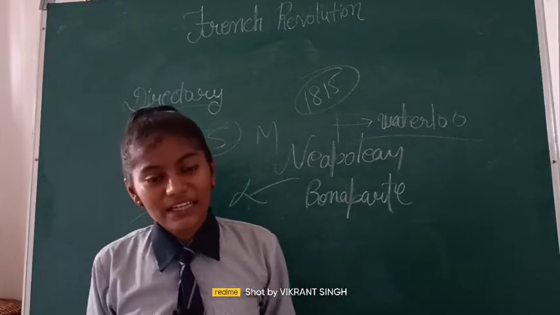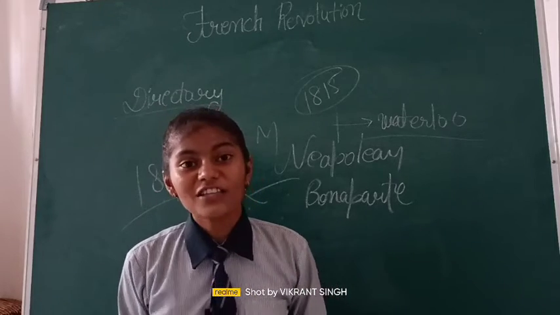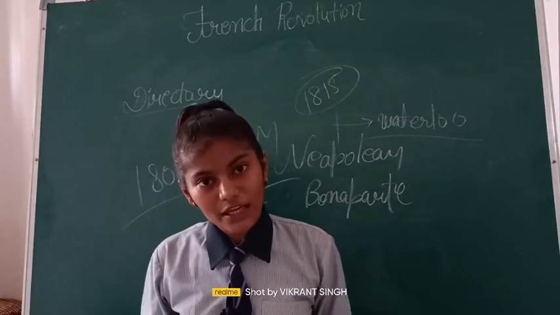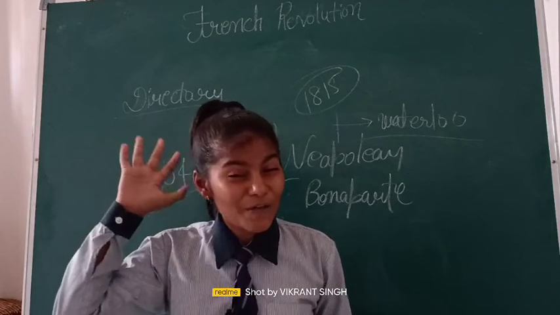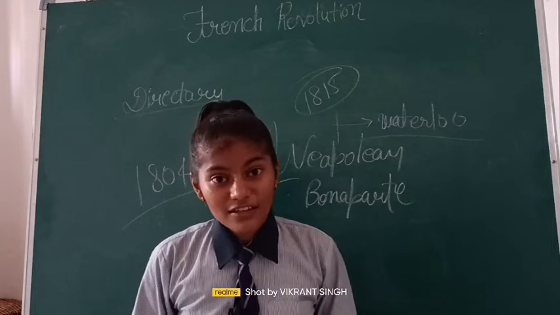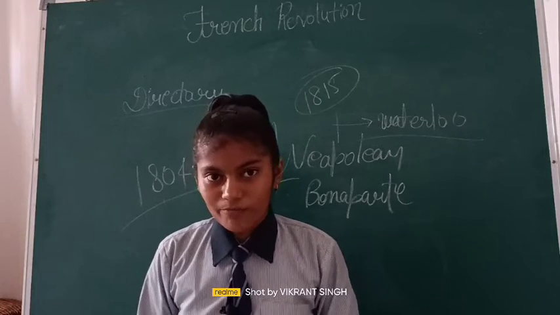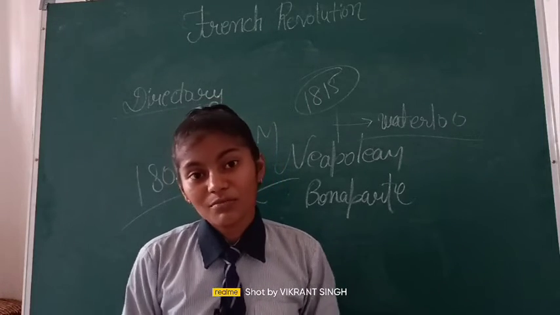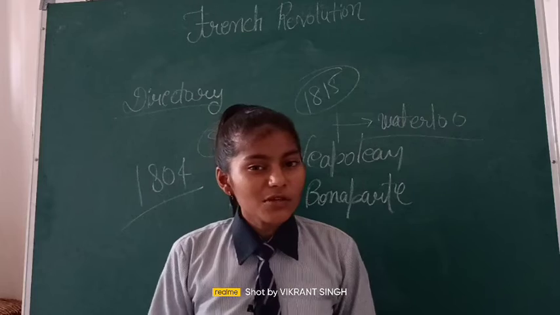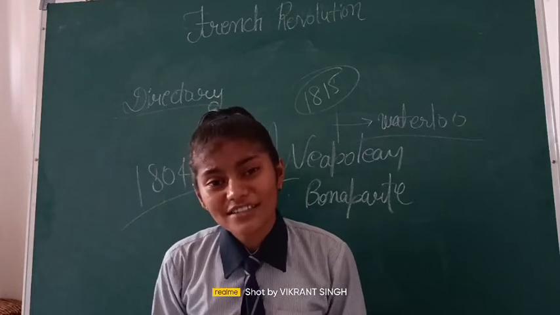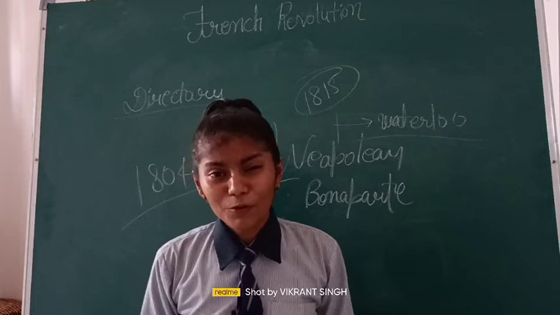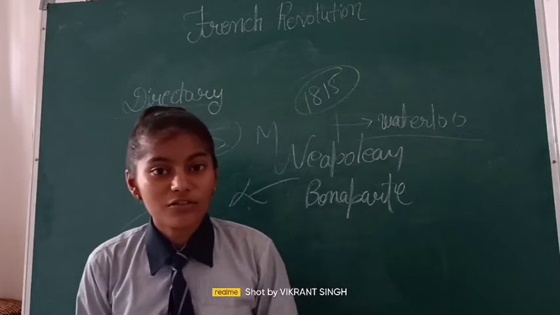In 1715 the population of France was 23 million, but by 1789 it increased by 5 million, to 28 million. That's a huge number if you think about it. So in that time, for just purchasing one single bread, people had to pay bundles and bundles of money.